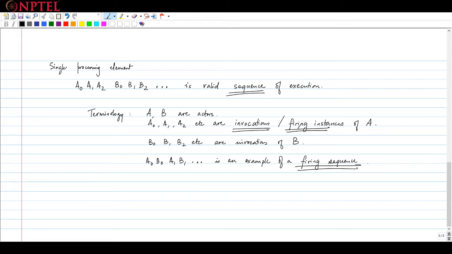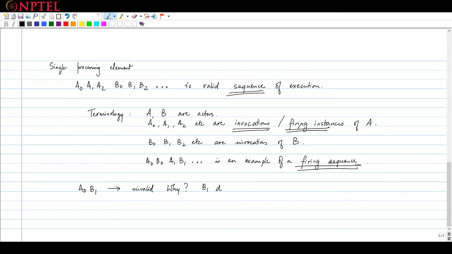With all of that in mind, I've already seen 2 examples of valid sequences. But A0, B1, for example, is invalid. Why?